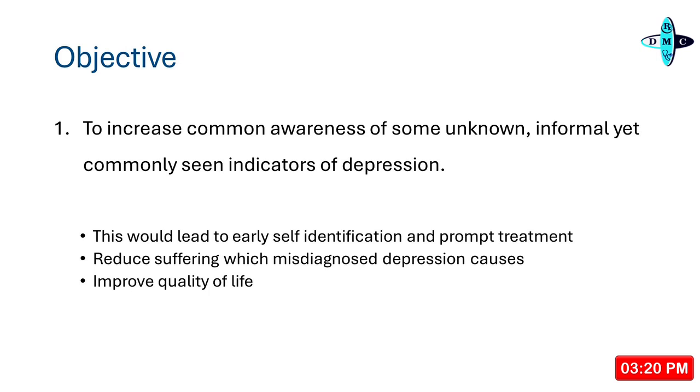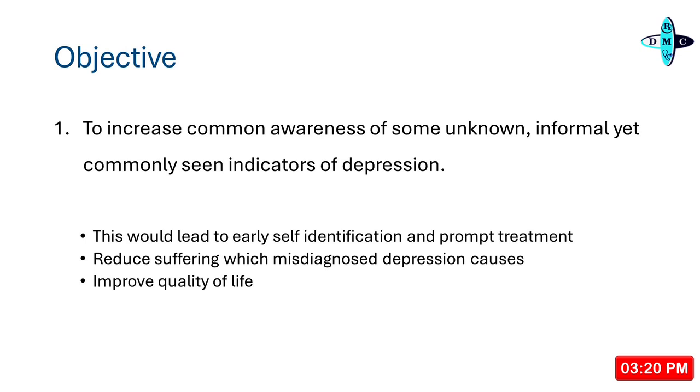So the aim is to increase awareness of these common but unknown indicators, and also to help ourselves. If you're aware that these are indicators of depression, then you would be able to recognize them in yourself, and then you would self-present, to reduce unnecessary suffering and improve your quality of life.